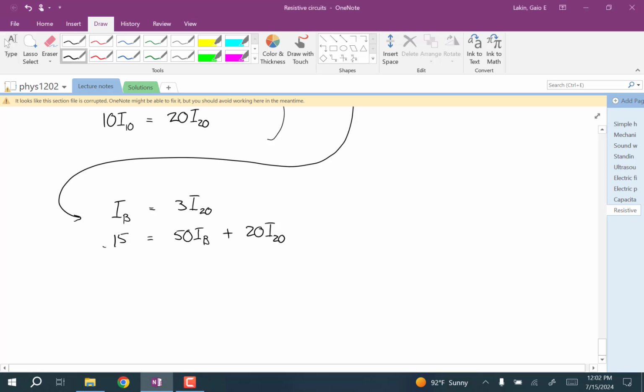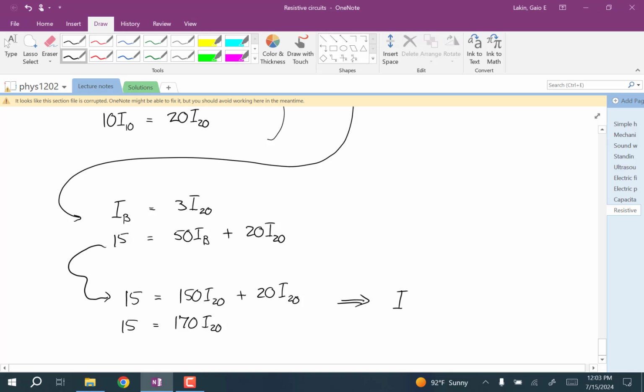And now the last step, we have a system of 2 equations for 2 variables. And so I'm going to replace IB with 3 I20. And so we have 15 is equal to 150 I20 plus 20 I20. So 15 is equal to 170 I20.